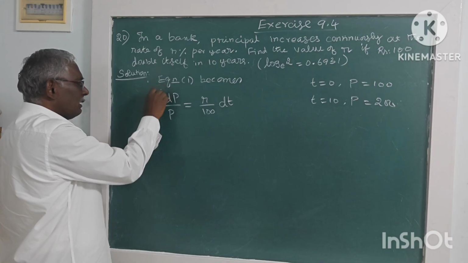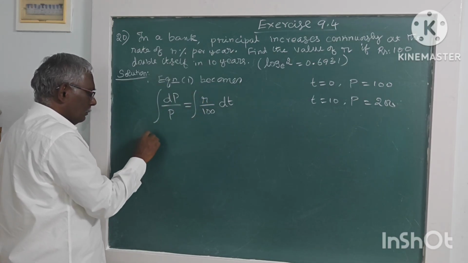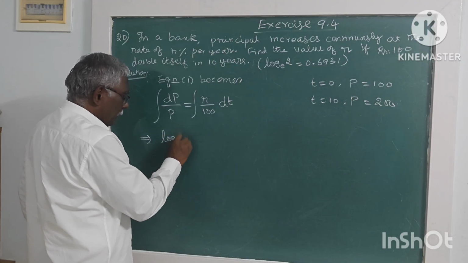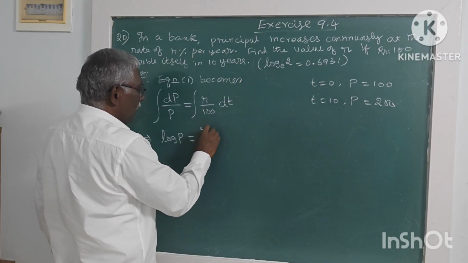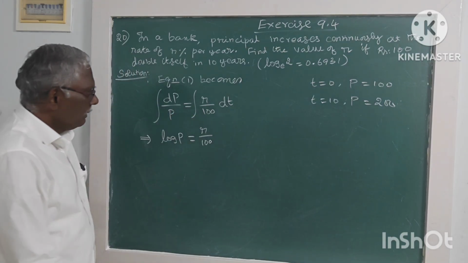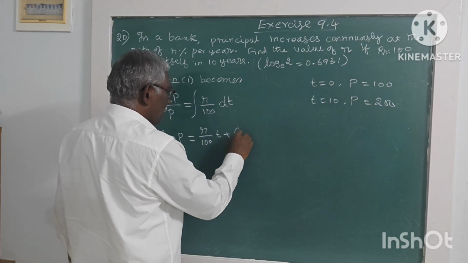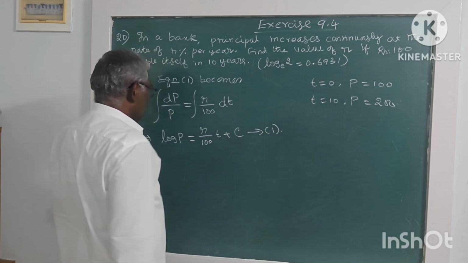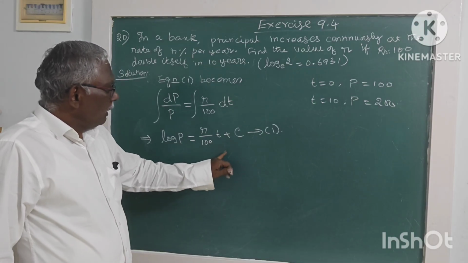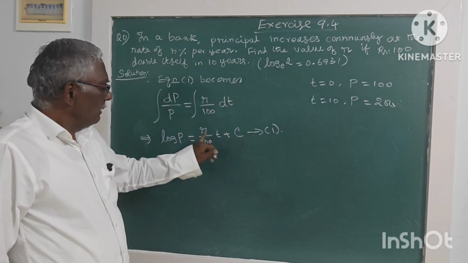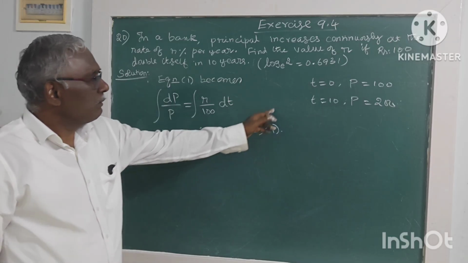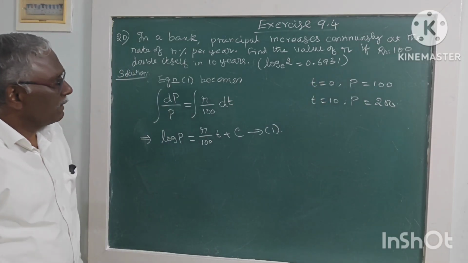On integrating, we get integral of dp by p, which is log p, is equal to r by 100 is constant, integral dt is t plus constant. Here there are two unknowns. C is a constant which we have to find, and the value of r also we have to find, and two conditions are given.